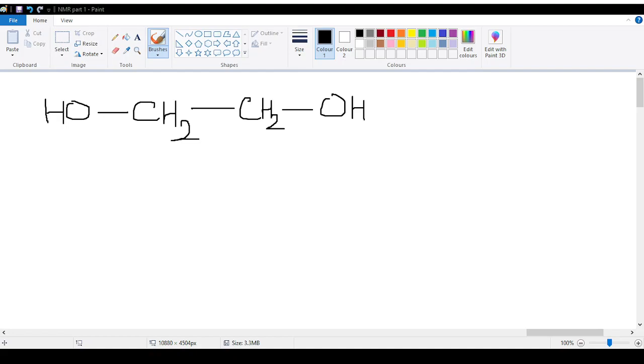So how many types of chemical environments do we have overall? Not four, because the two OH have the same environment, and the two CH2 in the middle have the same overall environment. So overall, we have two different chemical environments.